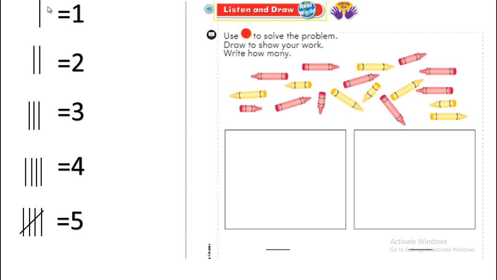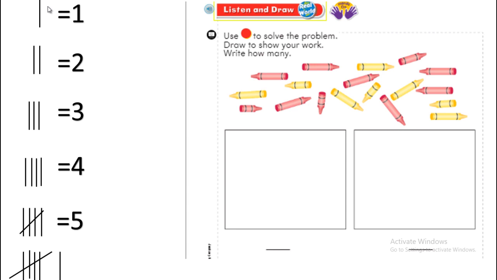How about number 6? Well, I'm gonna make it. 1, 2, 3, 4. We reach 5. What should we do? We close the group. We cross them out, so the line number 5 is not straight. It's gonna cross the 4 and close the group. Then, because you have 6, draw one more, but a little bit farther.